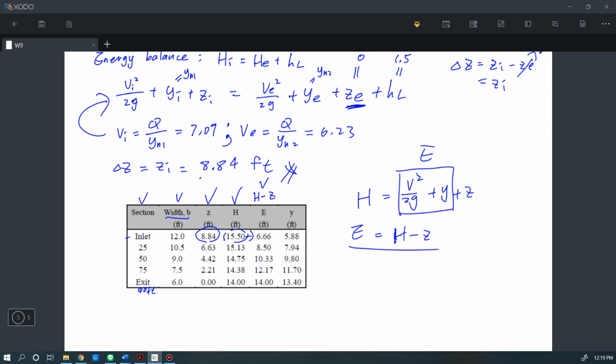So finally, we can use all this information to calculate the water depth across this section in the channel.